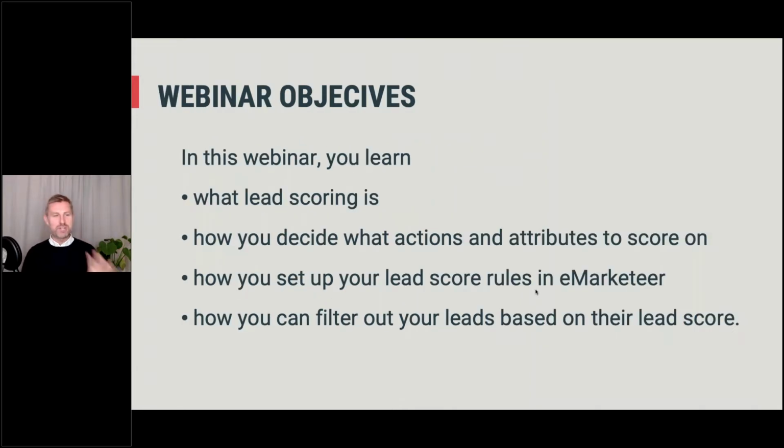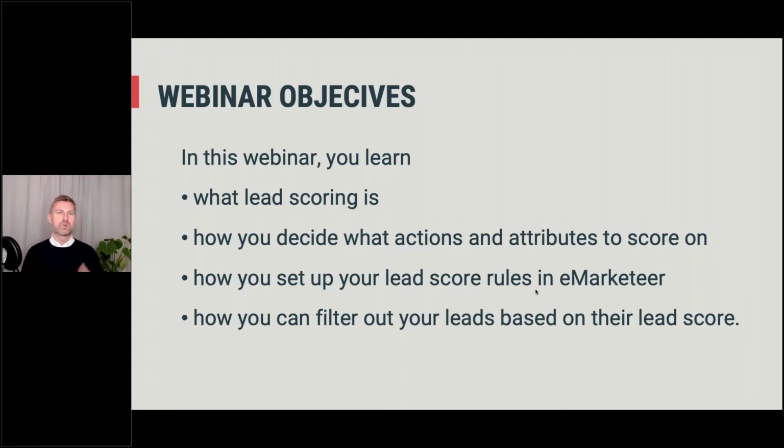So the objectives today are to understand really what lead scoring is, figure out what it does and how you should be using it, how you can decide what to score on, because with lead scoring, yes, you assign scores and points to people. So what should you be basing those scores on? Then we'll look at how you set up these scores in eMarketeer and how you work with them in the platform.